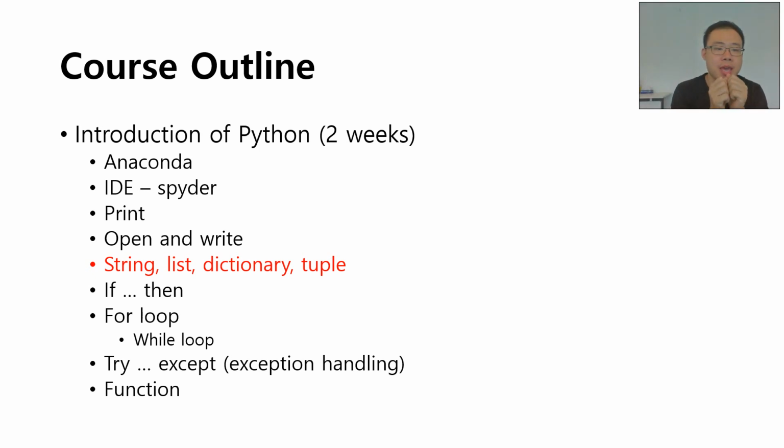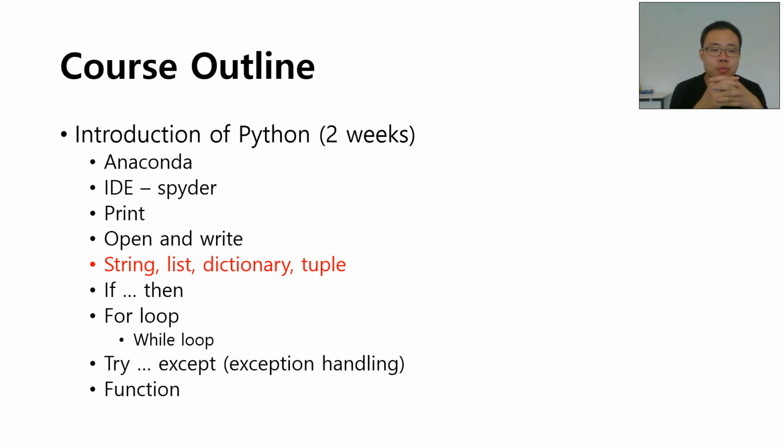Let's continue to talk about the data types. How do we store the data in Python? There are four main types of data to store the data in Python: string, list, dictionary, and tuple.